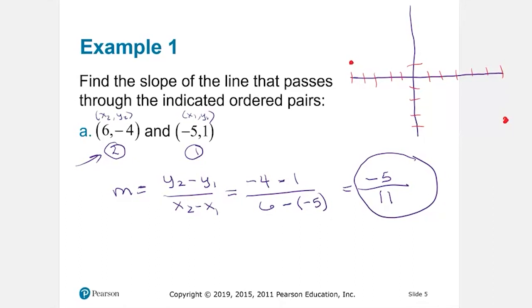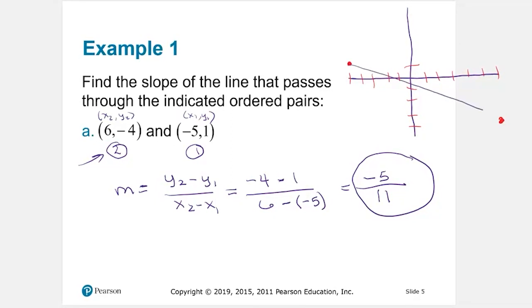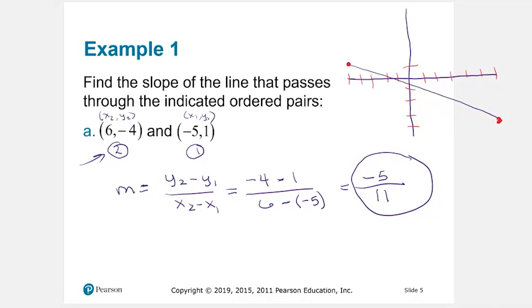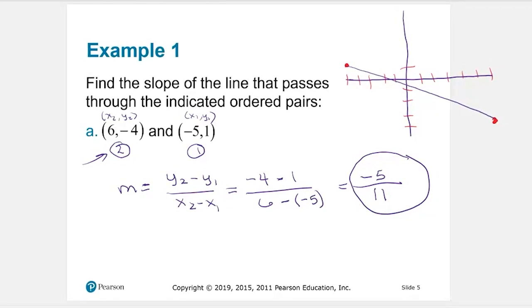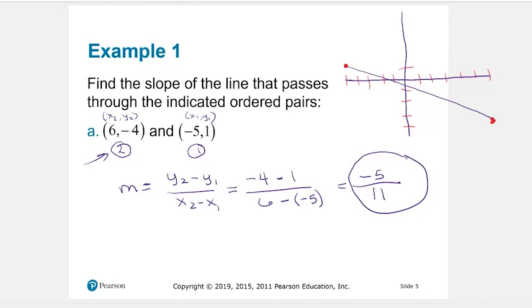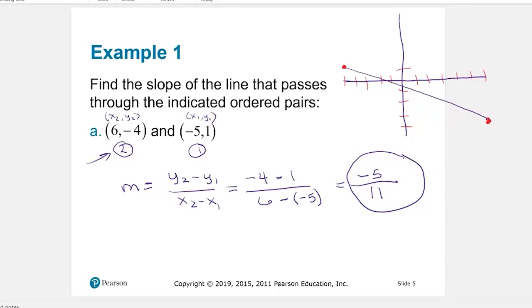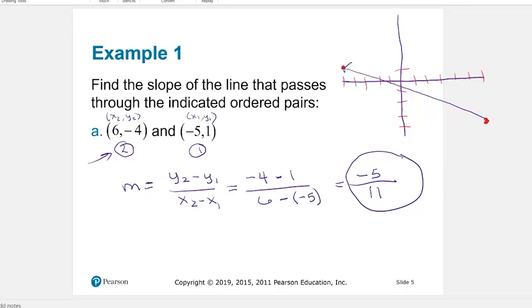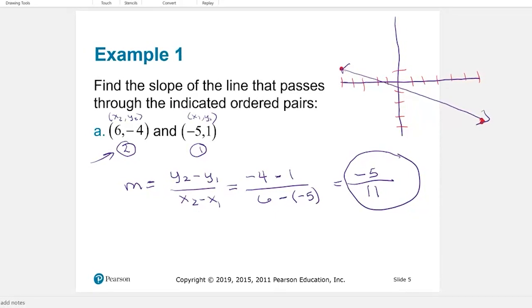And let me see if I can do a decent job connecting those 2 points. The slope of the line measures the incline. Now, of course, we're always reading these lines from left to right. When I talk about whether something's going up or going down, it's like reading a book: I look from left to right.